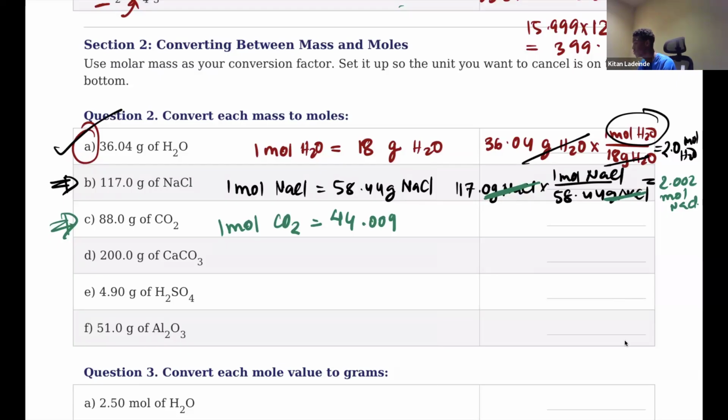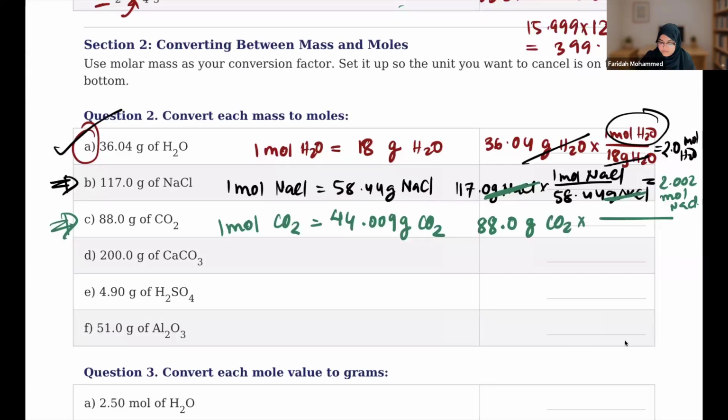Grams of CO2. Okay. Next, what do you do? So now I do 88. 88 what? The whole thing. Number, unit, identity: 88.0 grams of CO2 times. Now, what goes on the top? What goes on the bottom?